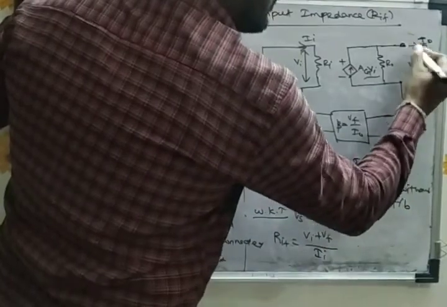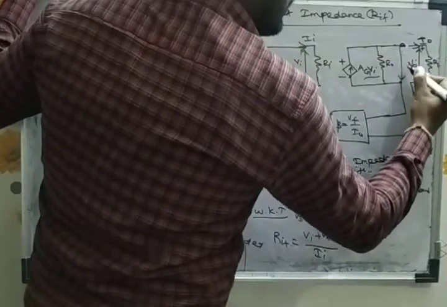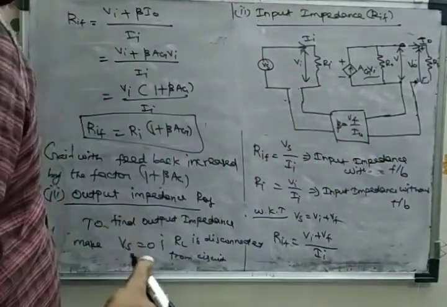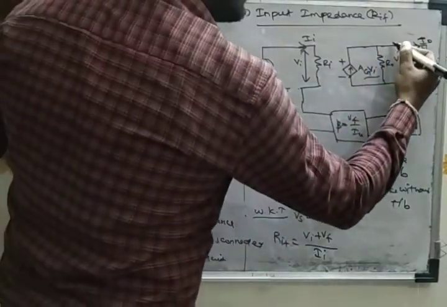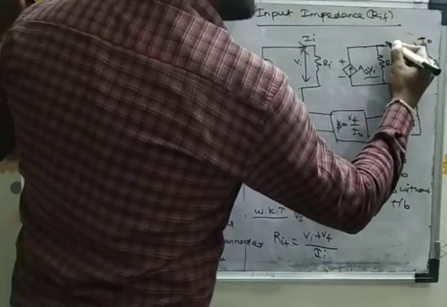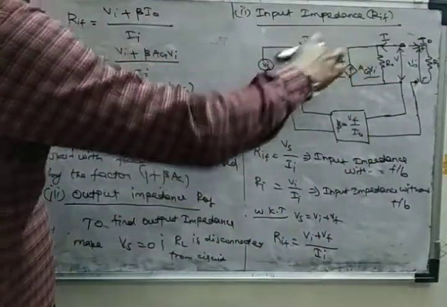Now you have voltage V here and current I flows into the circuit.